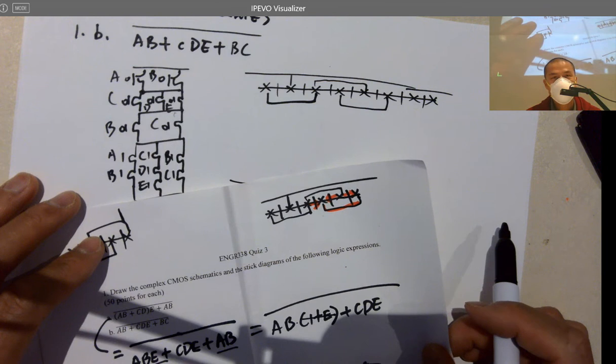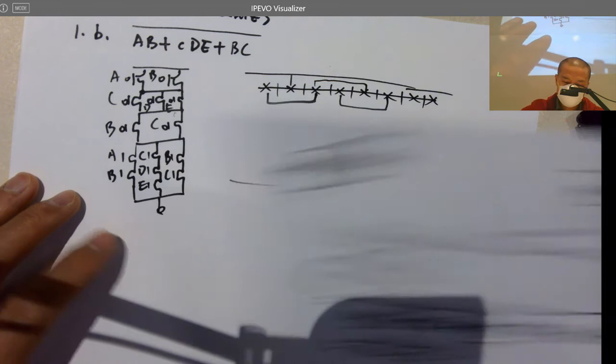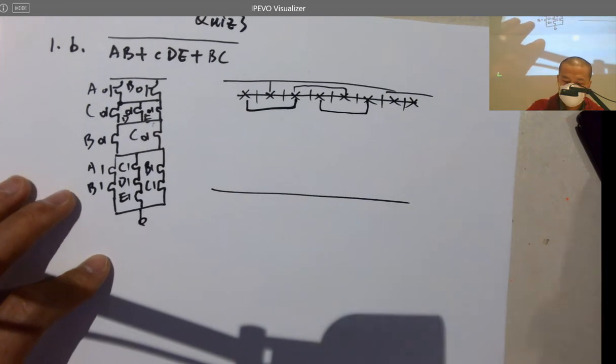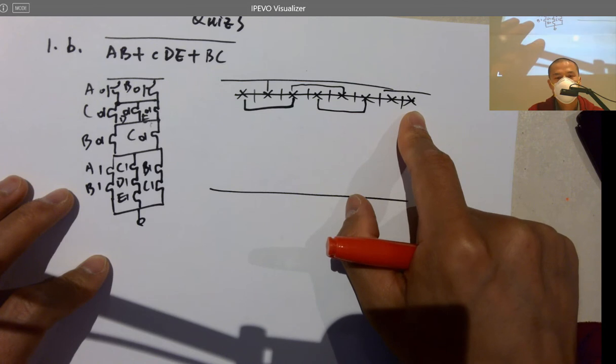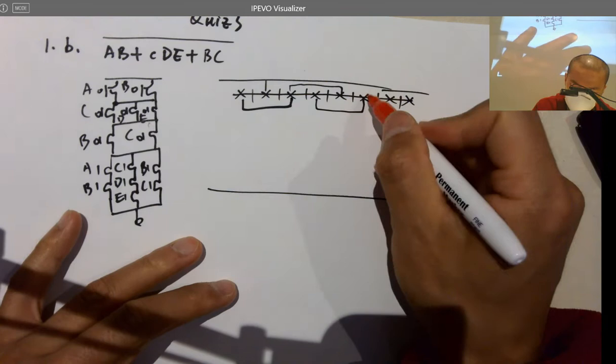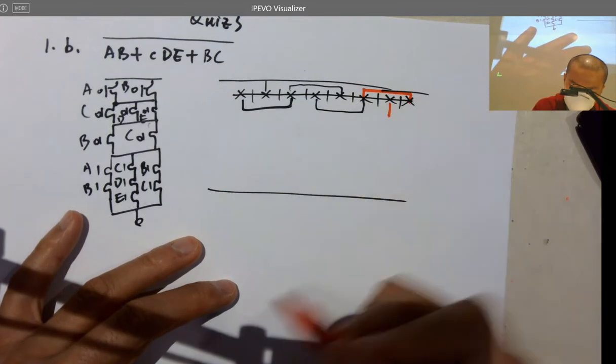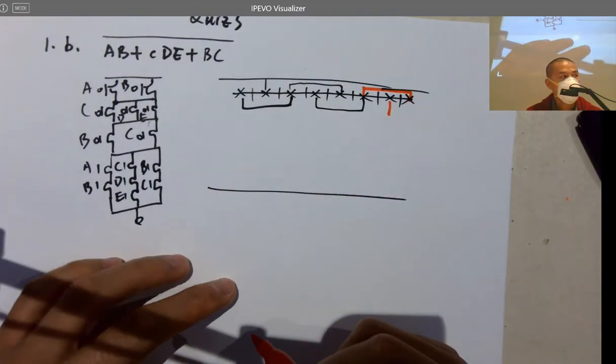And then 2 in parallel. How do we do that? We need these 2 in parallel. Is that correct?